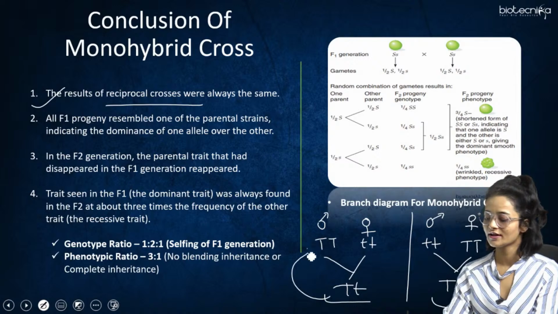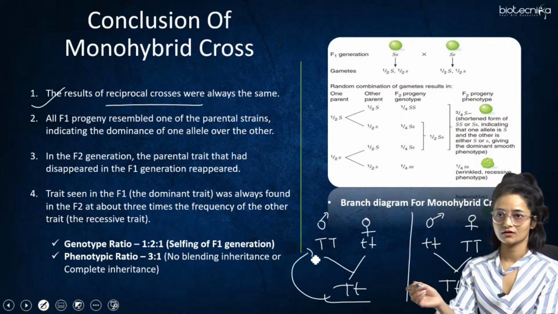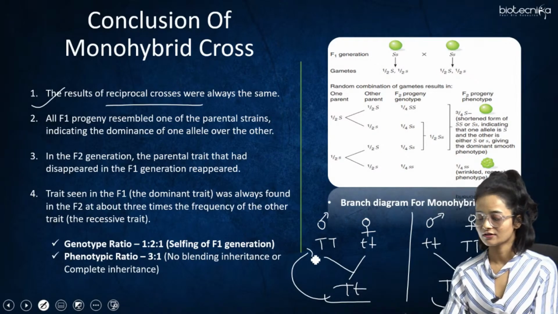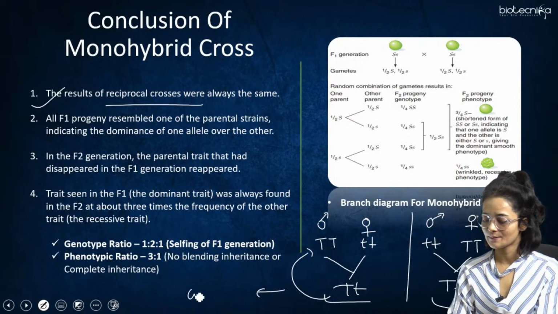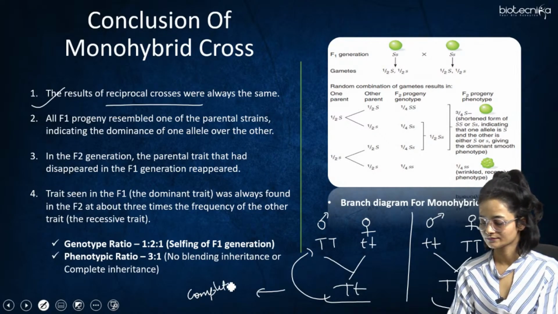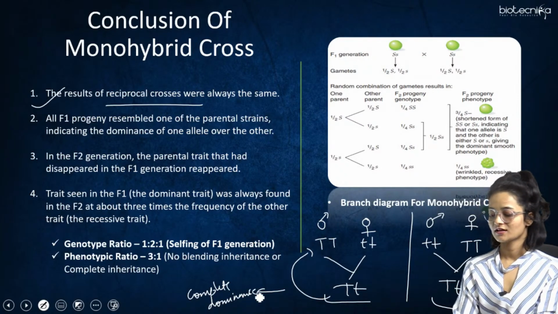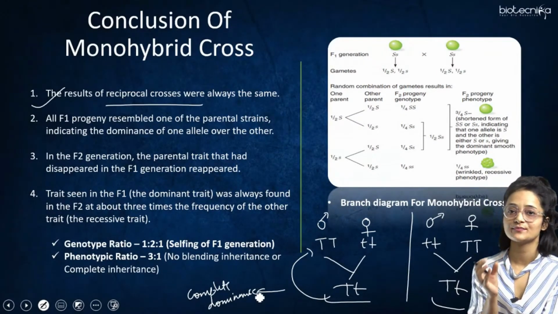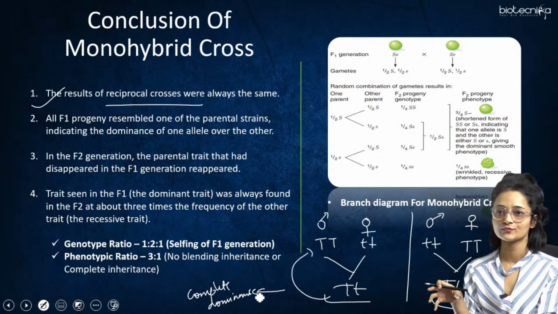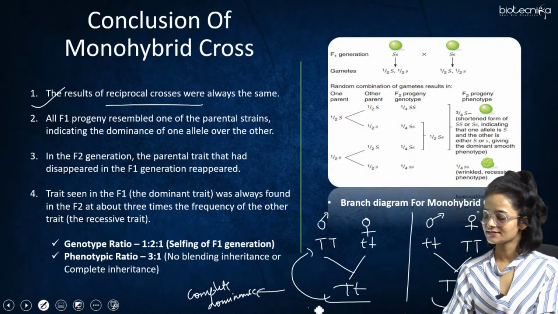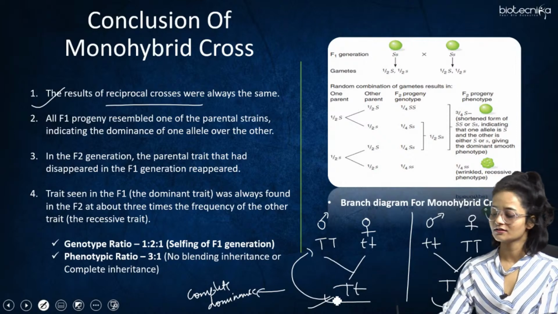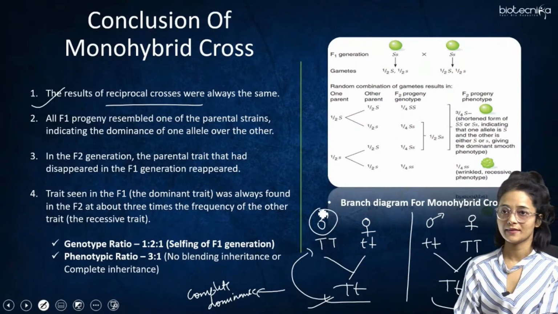That is, it is not dependent on the source of the gene from either of the parents. So here it says that complete dominance is taking place. And the expression of the genotype in the offspring is independent of the parental origin, right? So the result is the same in both the cases.